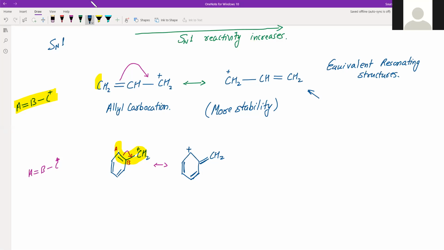Now again there is A, double bond B, and positive charge on C. So again this is a candidate for resonance. So again, if we have to draw this fast and correct, draw the structure as it is. There won't be any change in the structure.